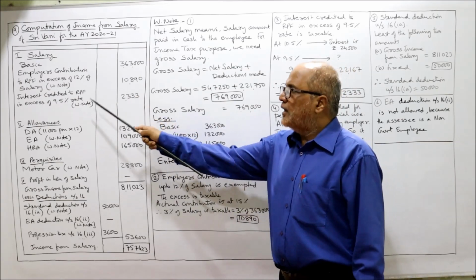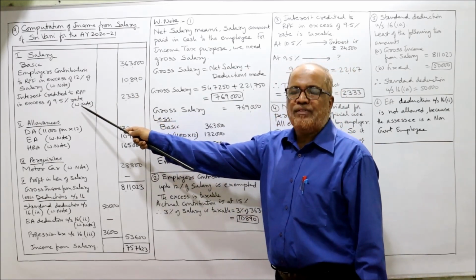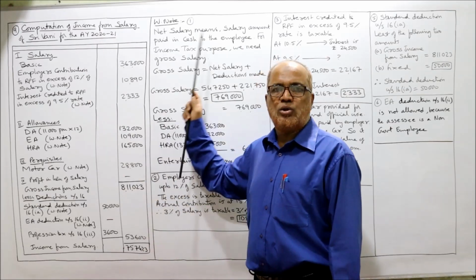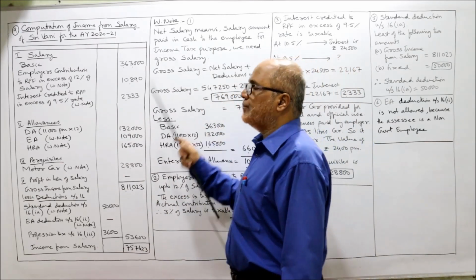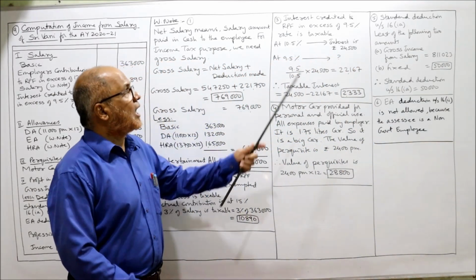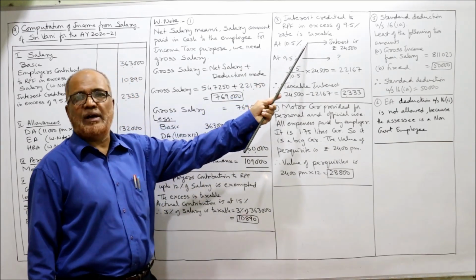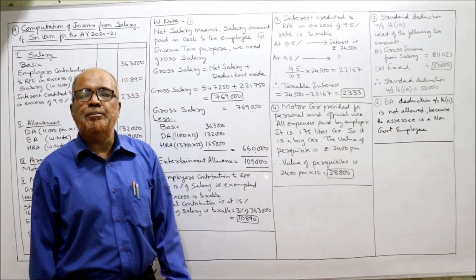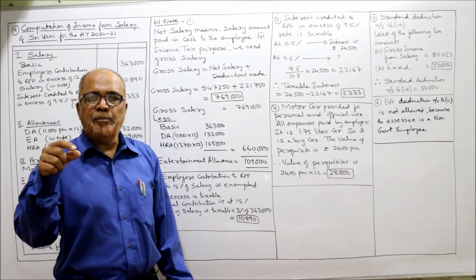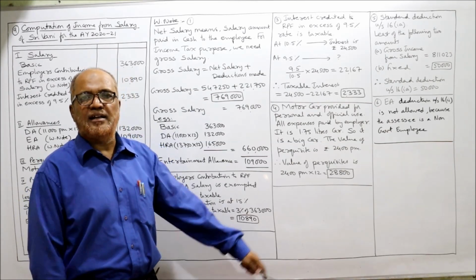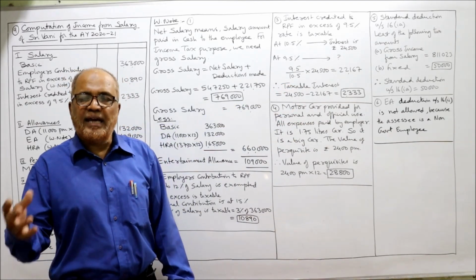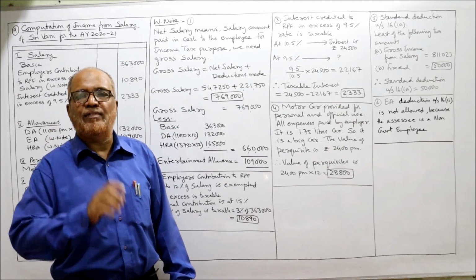10,890. Now interest credited to RPF in excess of 9.5% rate. In the working note I have explained here. Interest credited to RPF in excess of 9.5% is taxable. In the problem it is given 10.5% rate. At 10.5% rate, the interest given in the problem is 24,500. But the exempted rate is 9.5%.